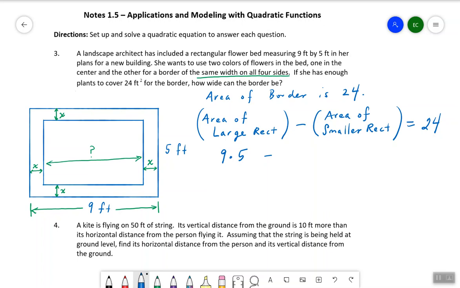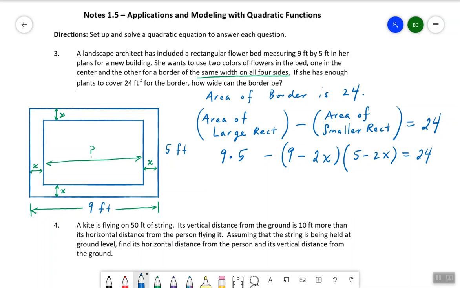So we're going to have 9 minus x minus another x, which is going to be 9 minus 2x. And then similarly, for the height of the smaller rectangle, we'll start with 5, and then we'll subtract off 2x from that. That's a little tricky to set up. You want to think about that, and hopefully you'll see a problem similar to that in your homework.